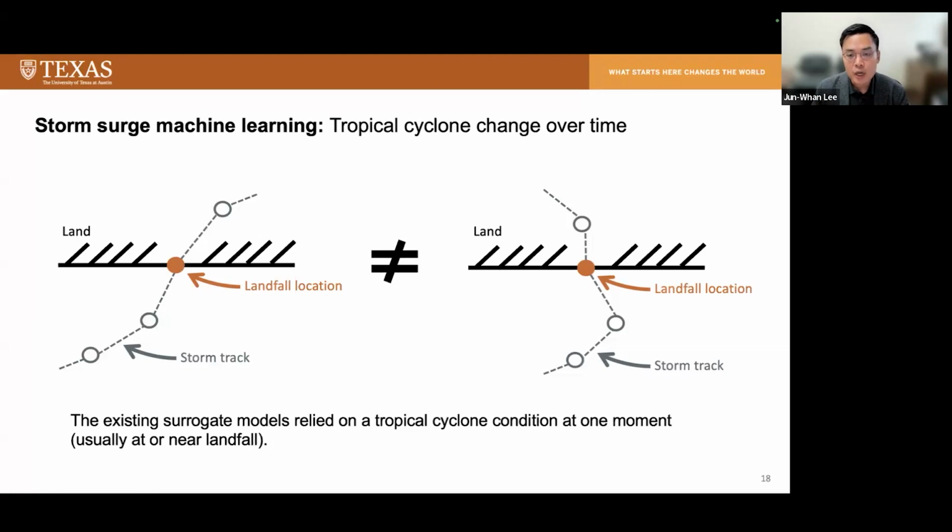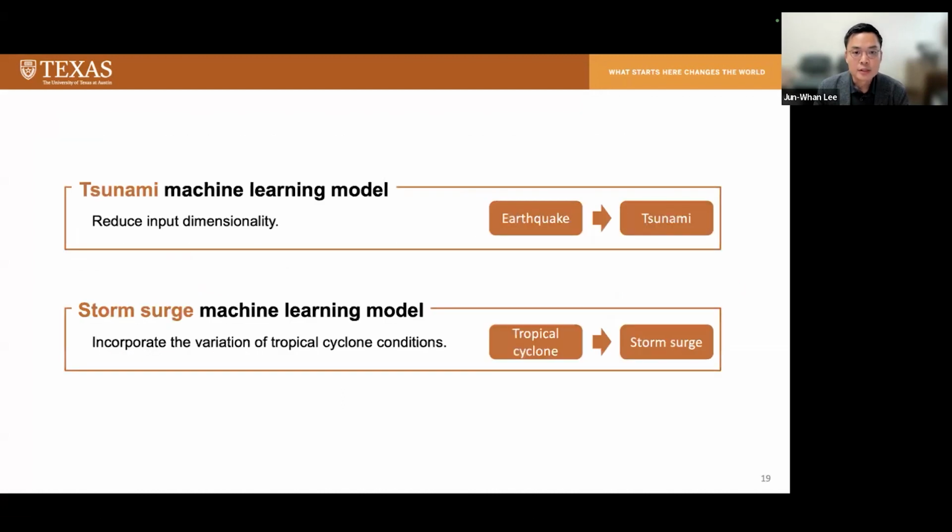And this is a big problem because historical records show that the peak storm surge is not always most correlated with the tropical cyclone parameters at landfall. So with this background, we developed new machine learning models that overcome those dimensionality issues in machine learning modeling, and can finally predict the coastal hazards, tsunamis and storm surges, rapidly, accurately, and reliably.